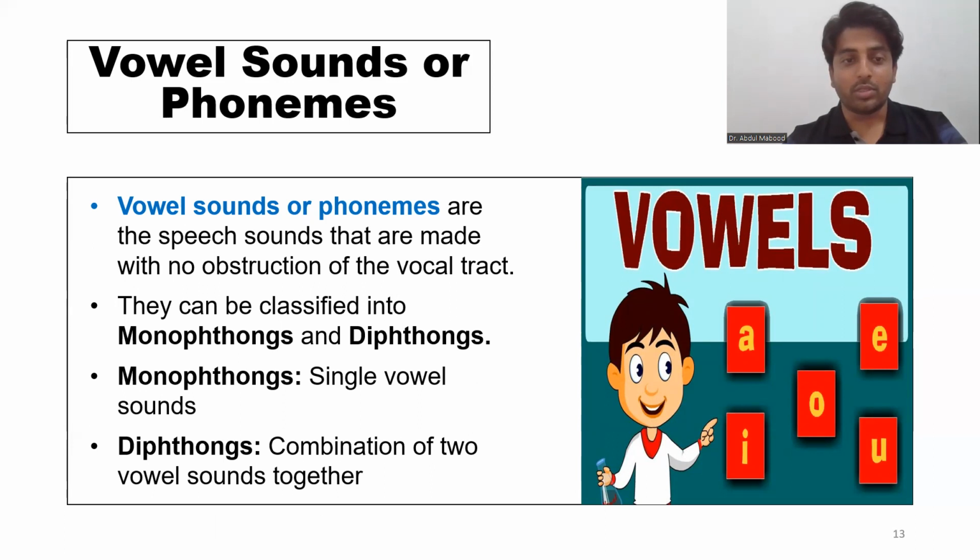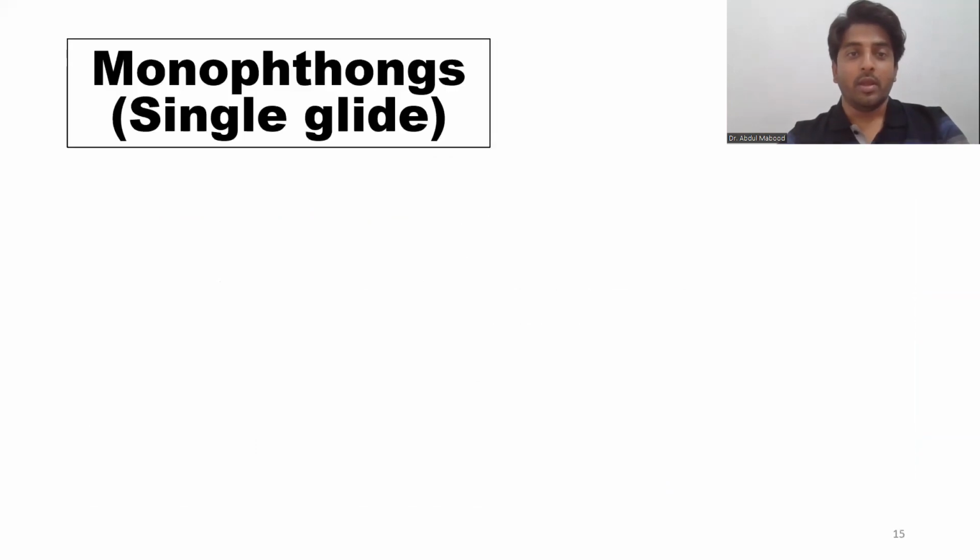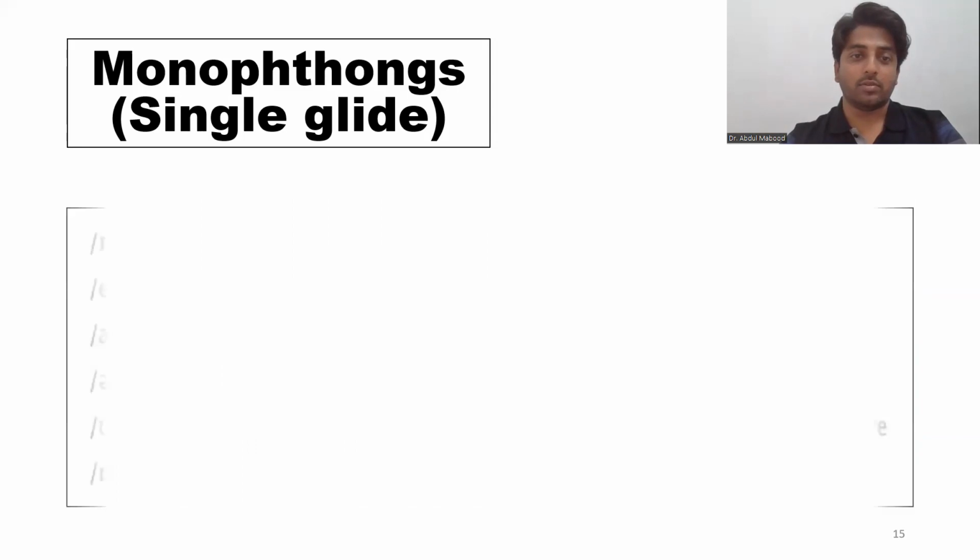And those vowel sounds can be divided into two categories: monophthongs and diphthongs. Now, how many sounds in total in vowel sounds, and what are the classifications, I will discuss now. Monophthongs are single glide sounds.